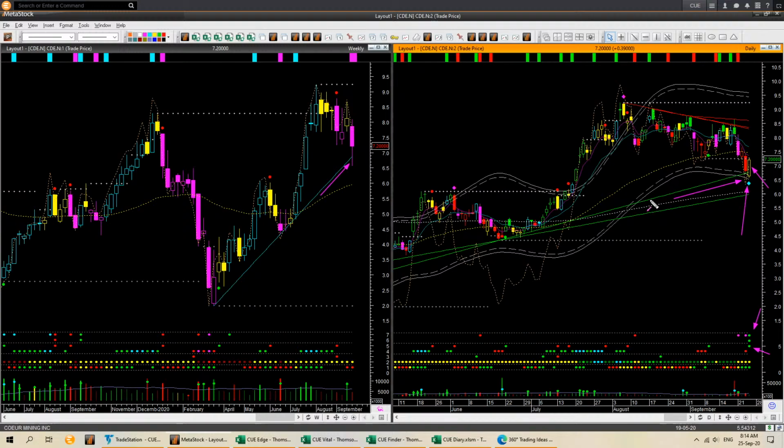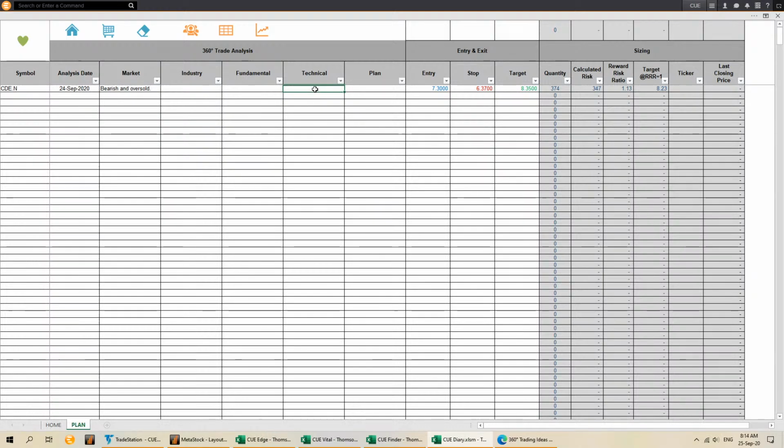Additionally, it has weekly memory support, bullish headwind as well, and bull release. So we have met all the requirements of the bounce setup, plus we have additional factors allowing us to take the long position in CDE. That is what I am going to log in the diary.